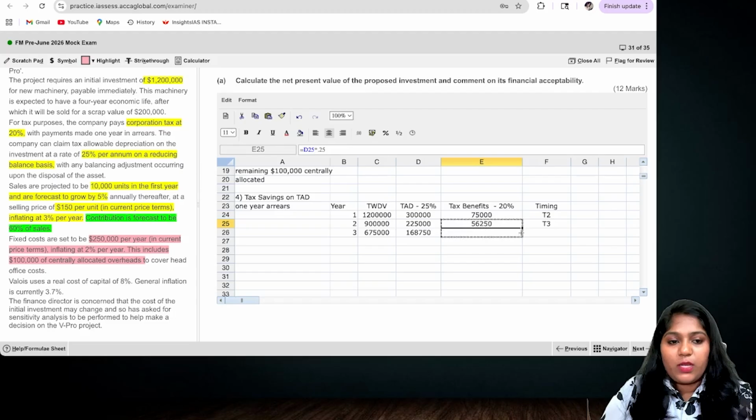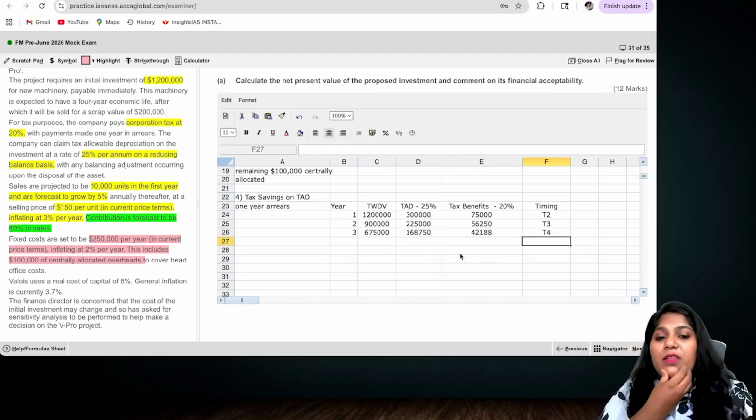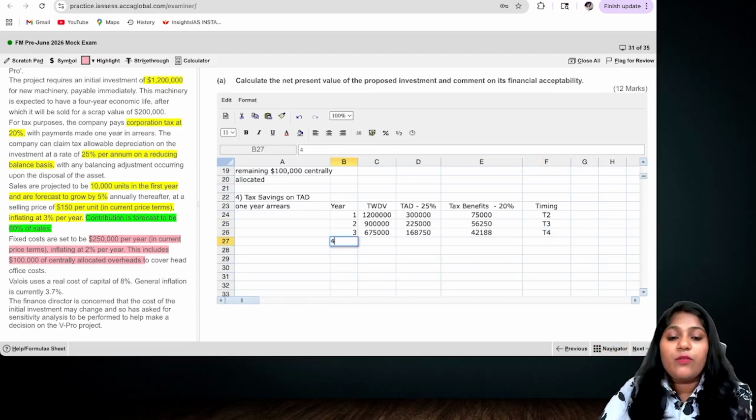This should give a 20% tax benefit of somewhere around 4,121,888, and the tax cash flow happens in T4. But if you go to T4, the fourth year, most likely I would not tell the students to go ahead and calculate for year 4.